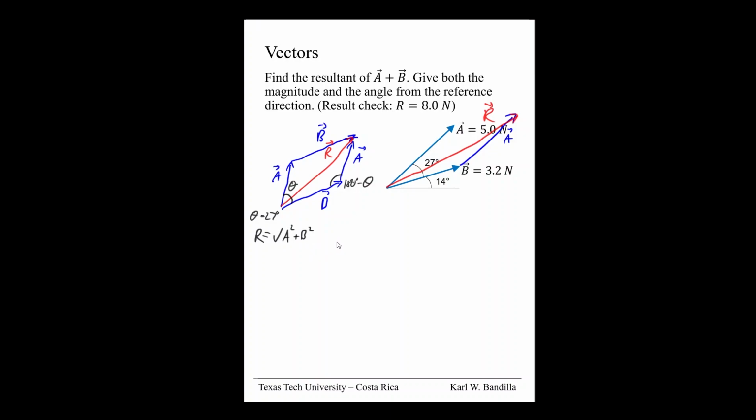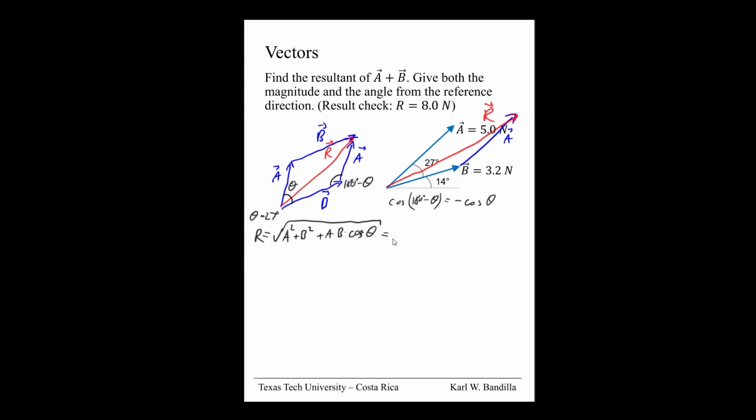Now in our regular one, we'd say minus ab times cosine, but we have 180 minus theta, so we can say plus a times b times cosine theta, right? Again, remember that cosine of 180 degrees minus theta is equal to minus cosine of theta. That's what we did right there.